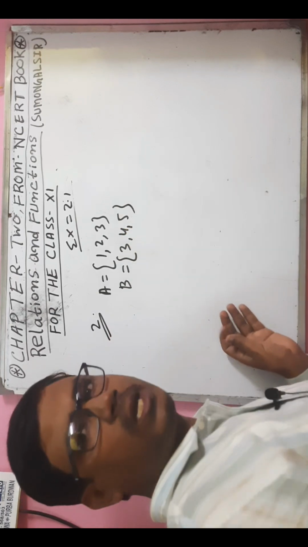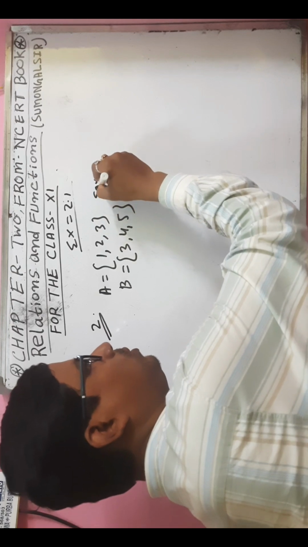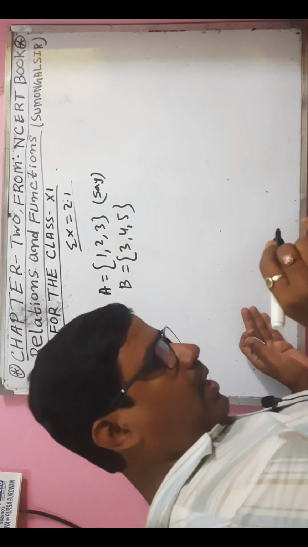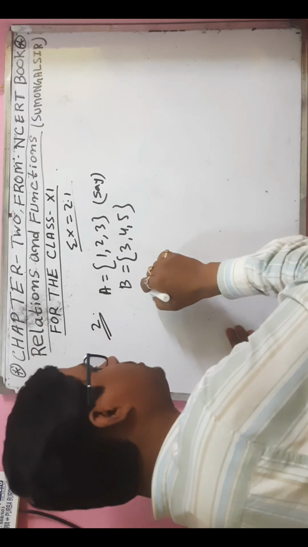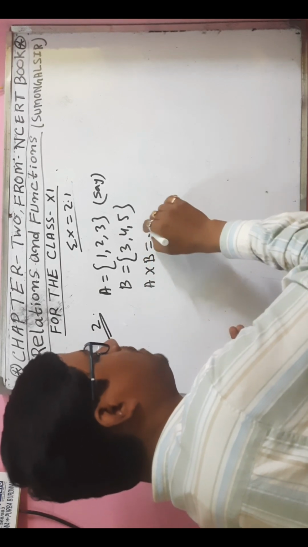The elements of B are given, and now A is said to be this. Then find the elements of A cross B.